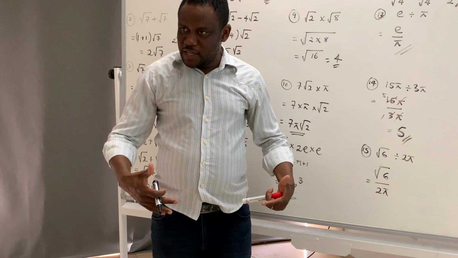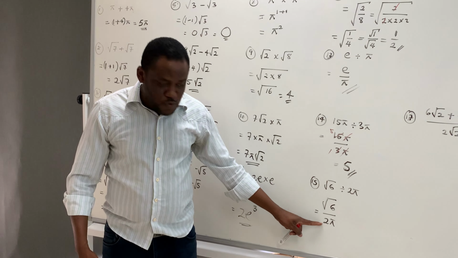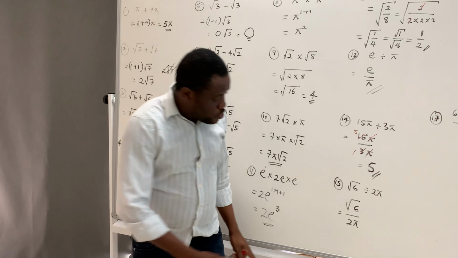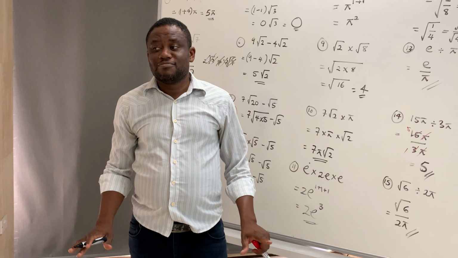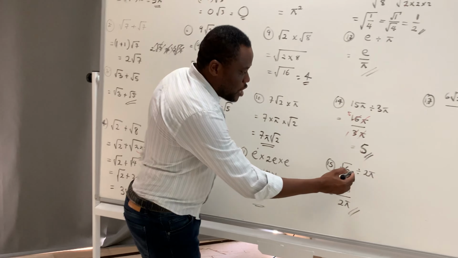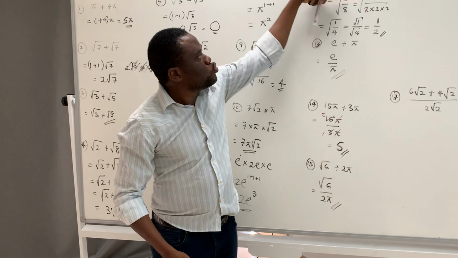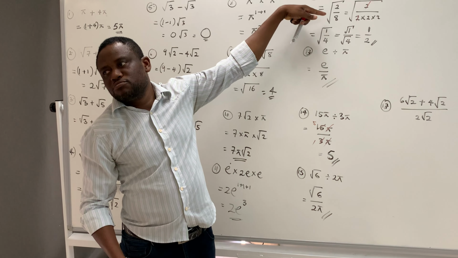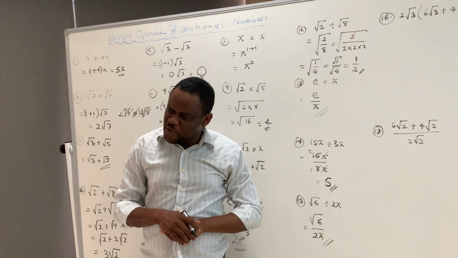So we cannot divide this by this, because this one has a root and this one does not. So just stop. Assuming this one had a root, you could keep them in one root. I hope you're getting this. These are simple mathematics that are very, very important.